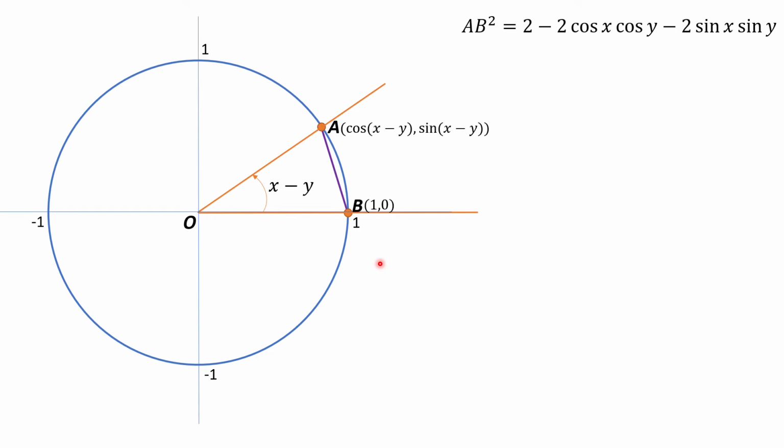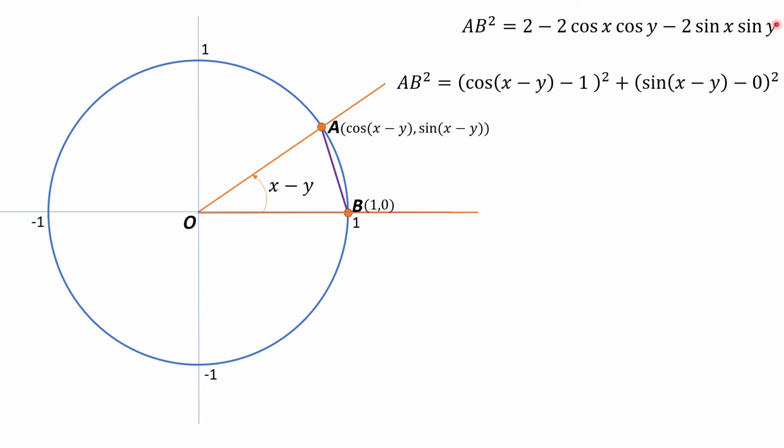Now we calculate the distance AB using the coordinates of points A and B. By the rule we discussed before, this is what we get directly: the difference between horizontal coordinates, cosine (x minus y) minus 1, squared, plus the difference between vertical coordinates, sine (x minus y) minus 0, squared. We open up the square parenthesis using the same formula as before.